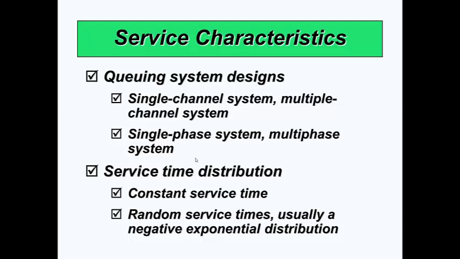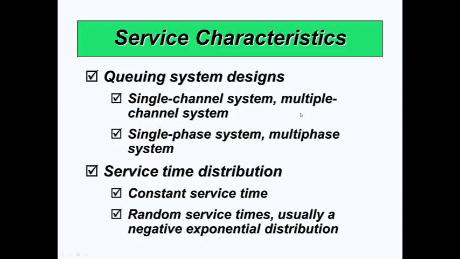Whether you're ordering just a drink or fries, or you're ordering 4 burgers, 5 nuggets, 6 fries, 7 drinks, and on and on, whatever your order is, you have only one drive-through window, single channel, but you have to go through multi-phase: ordering, paying, receiving food.